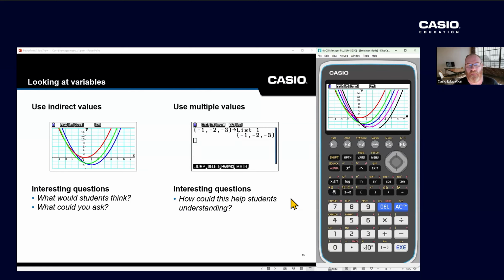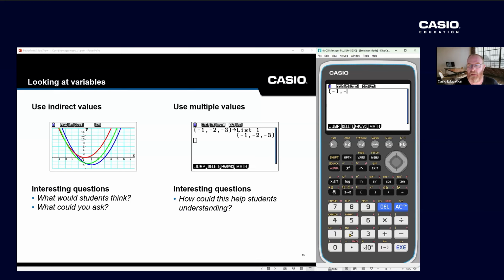What you can do, this might be useful as well if you're going to draw lots of graphs, is that if you go to run matrix, let's just delete everything. You can actually enter a list of values if you want. If you use shift and multiply, that gives you the curly brackets, and then you can enter any values that you like.